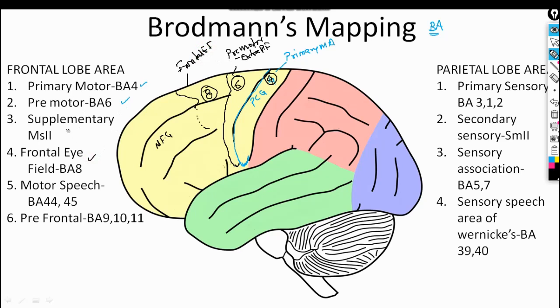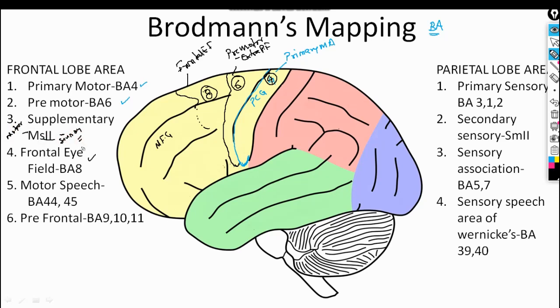Now next is the supplementary area, which we write in short as capital M, then a small s, and the number 2, where capital M represents primary motor and S represents secondary sensory.